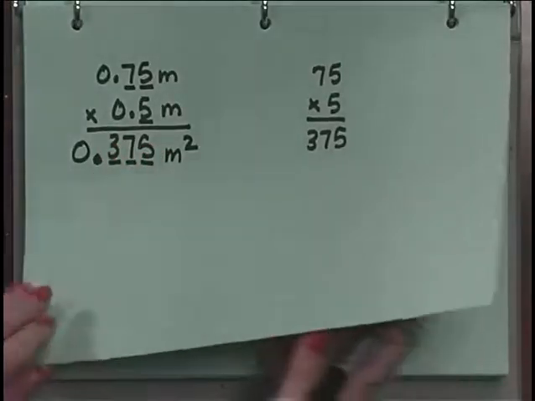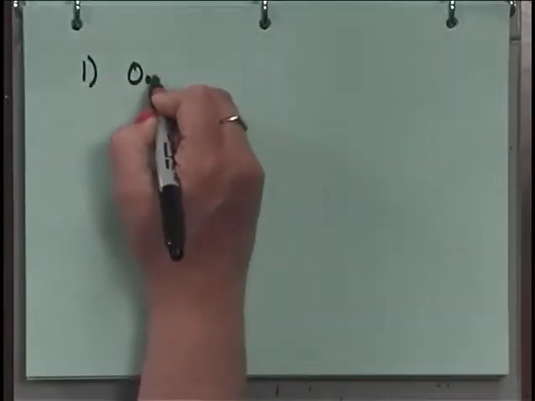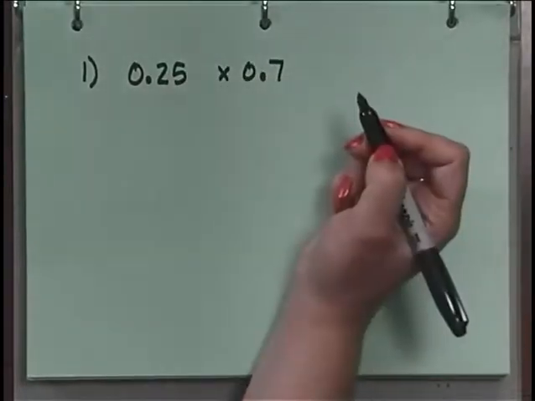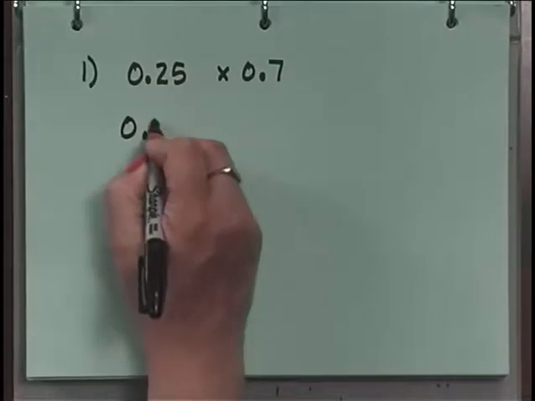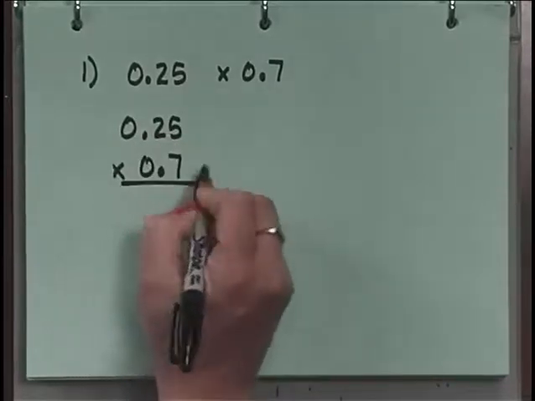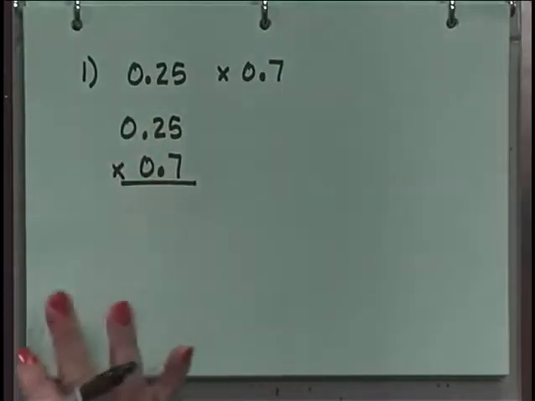So let's look at example 1. In example 1, we're asked to multiply 2/500 and 7/10. Again, if I write the numbers vertically like so, it would look like this. Notice that I don't have to worry about lining up my decimal places because that doesn't matter.